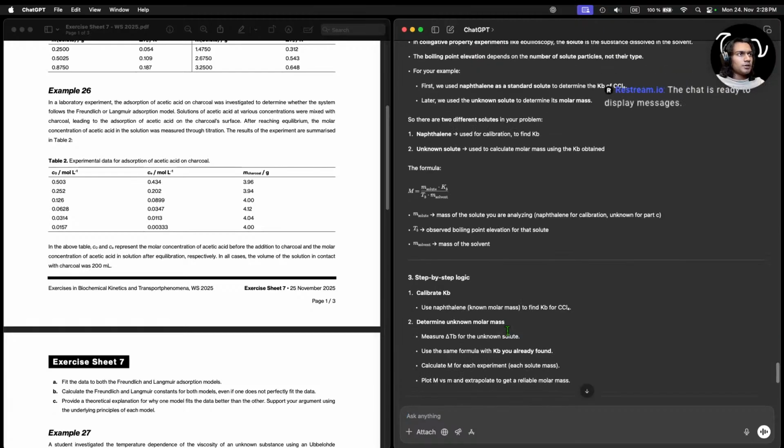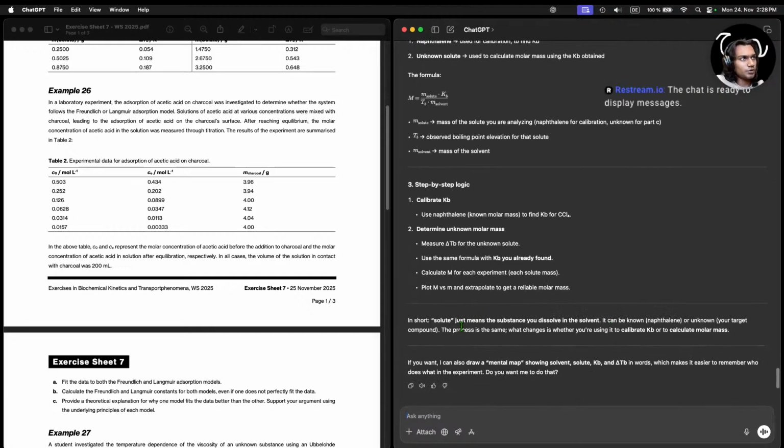Step by step, calibrate Kb. Use naphthalene's known mass to find Kb, the ebullioscopic constant. Determine the unknown molar mass. Use Kb from what you already found. Calculate M for each experiment, each solute mass, plot M versus m, extrapolate to get a reliable molar mass.